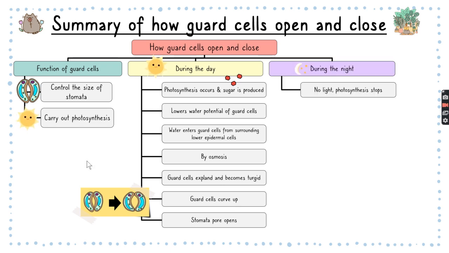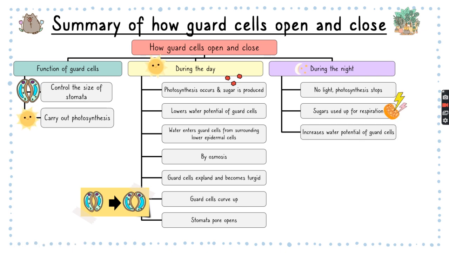During the night, because there's no light, photosynthesis stops and sugars are used up for respiration, and that means that guard cells would have an increase in water potential because there's less concentration of glucose. Actually, glucose, because the starch is converted back to glucose.